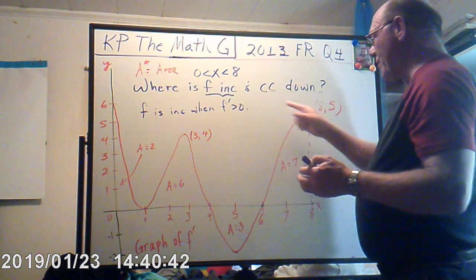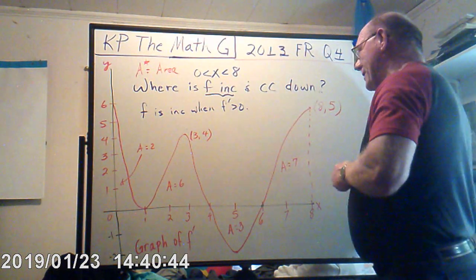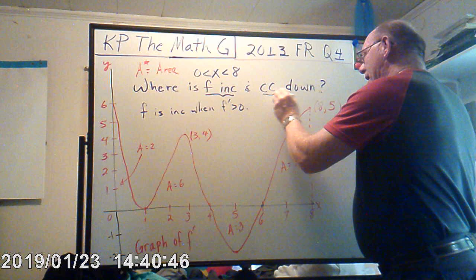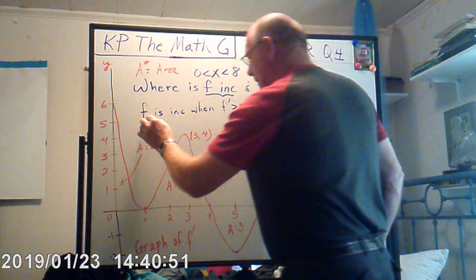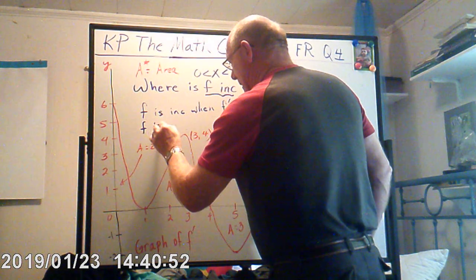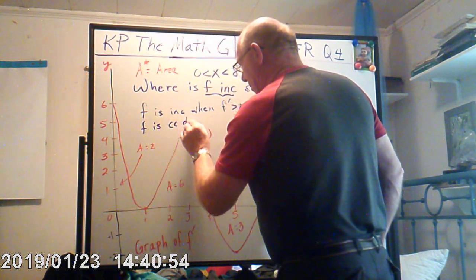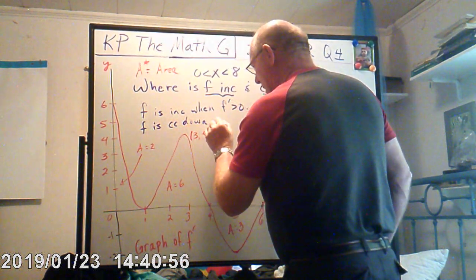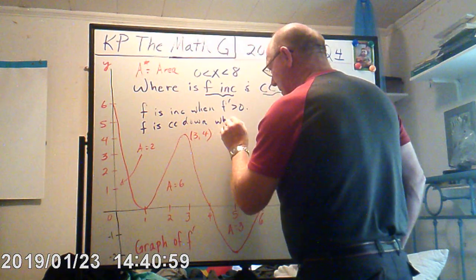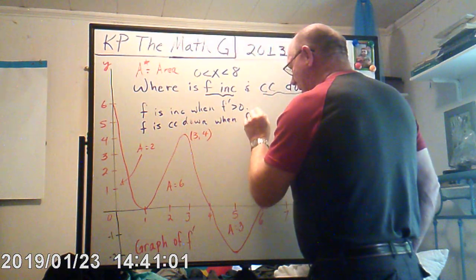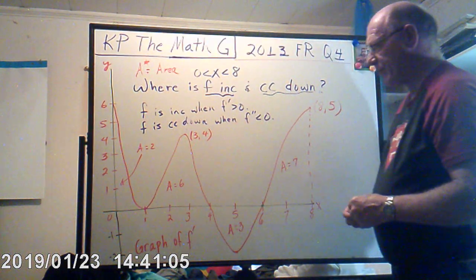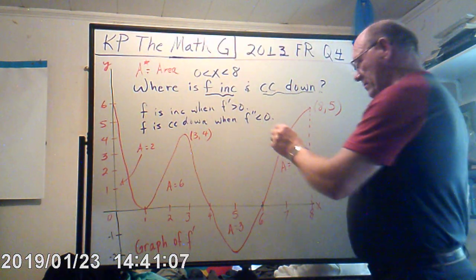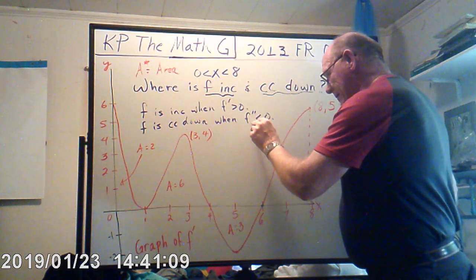But we also have a second part of that, and that's when it's concave down. F is concave down when f double prime is less than 0. That is negative, right?